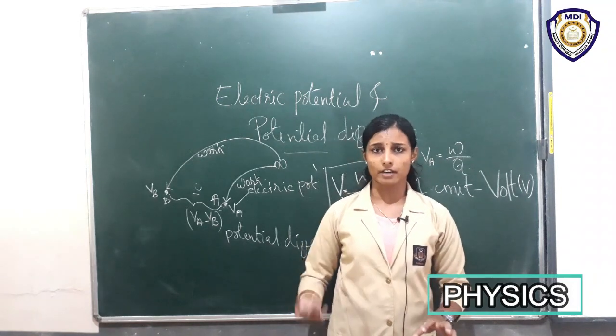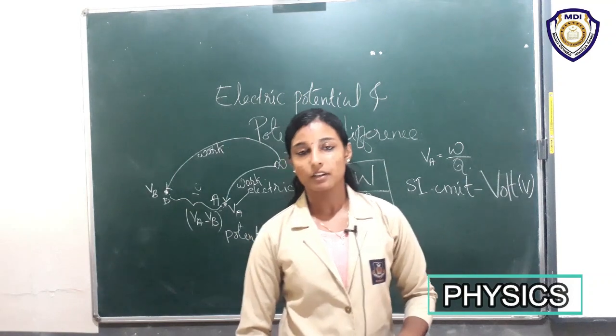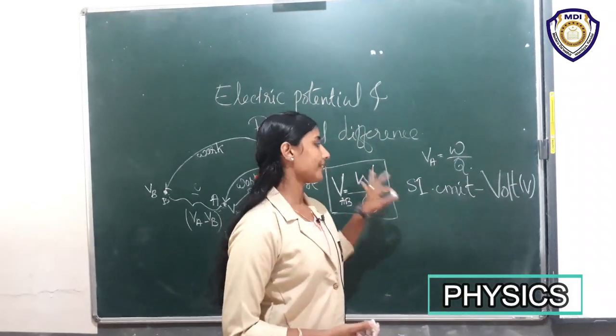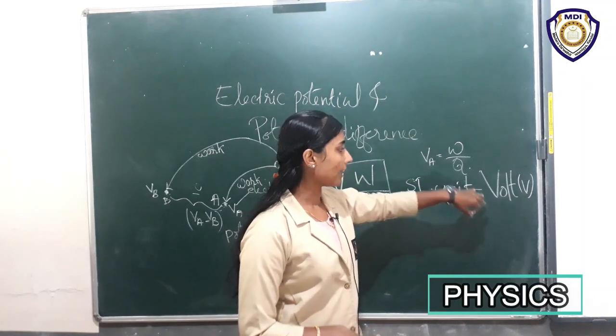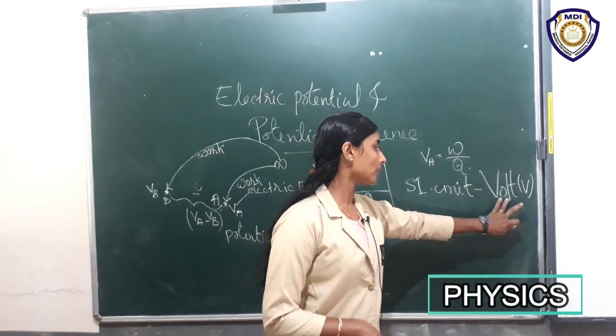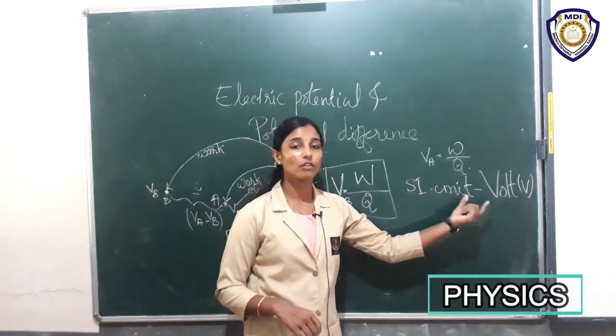You may be familiar with Alessandro Volta, right? An Italian physicist who found the electric potential difference, and after that the SI unit came to be known from his name. So the SI unit is volt.